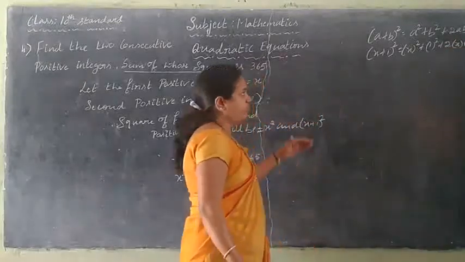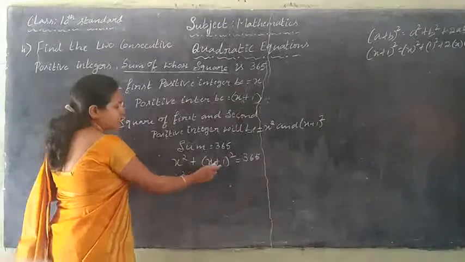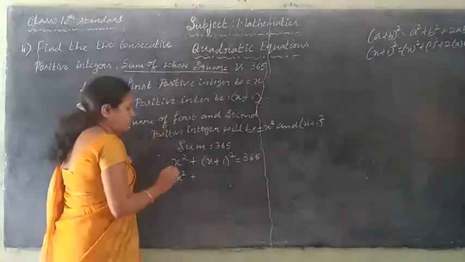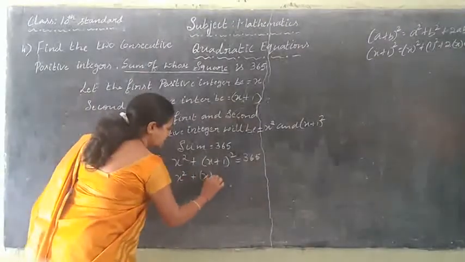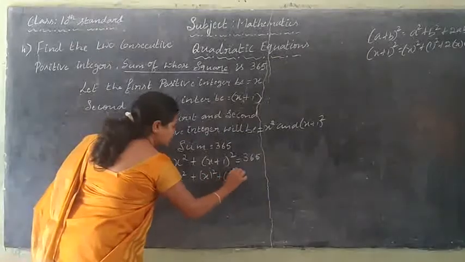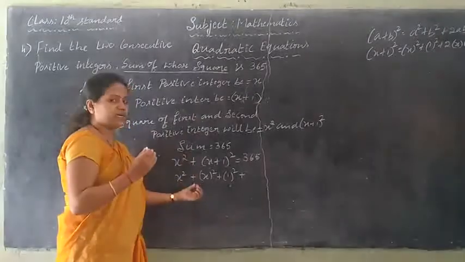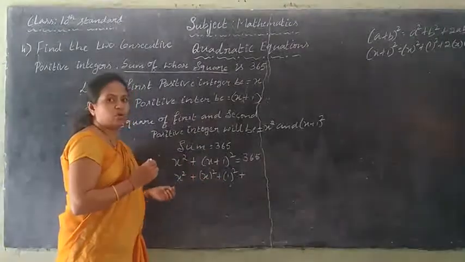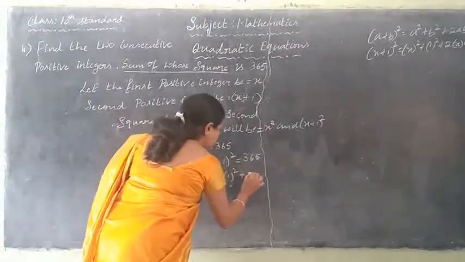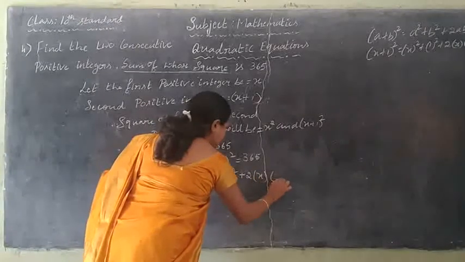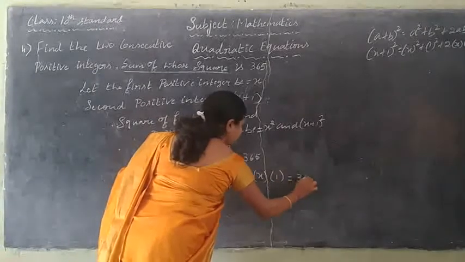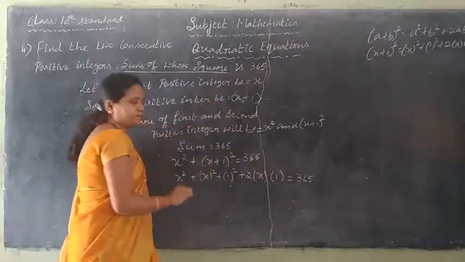So we write here (x plus 1) whole square, that means (a plus b) whole square, that is x square plus 1 square plus 2 into a into b. The value of a is x and the value of b is 1. So 2 into x into 1, equals 365.